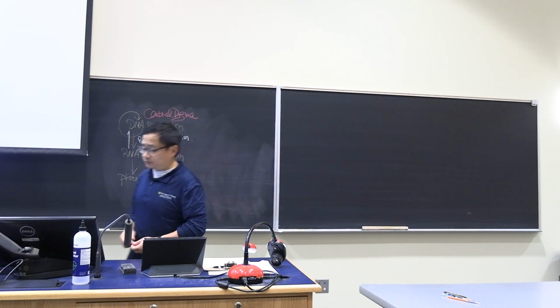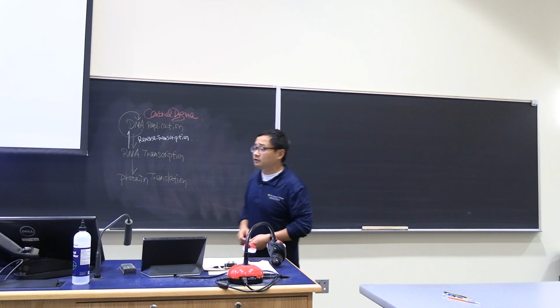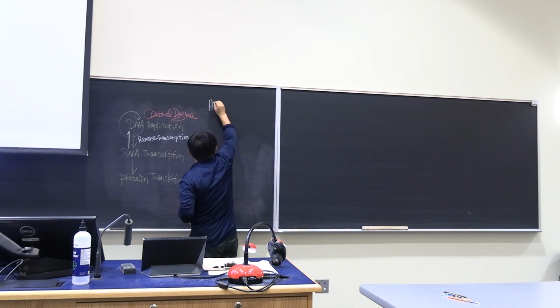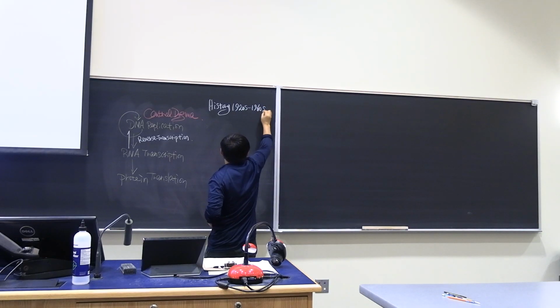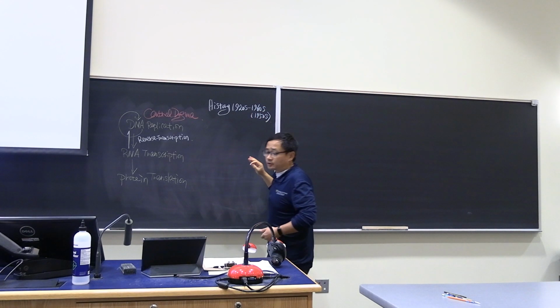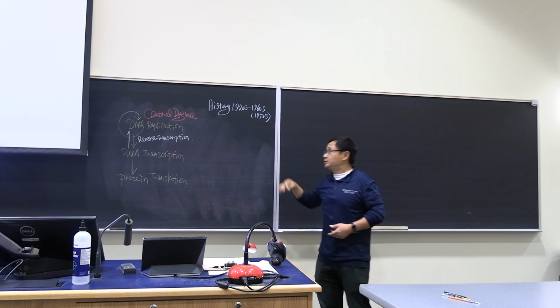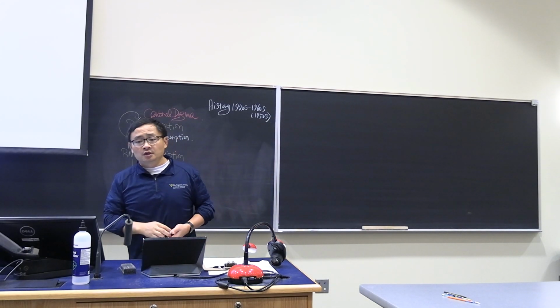So let's talk about the DNA first. Before talking about that, we want to go over the history. It is very important that we know the history. The development from the 1920s to the 1950s or 1960s in the history of molecular biology and microbiology, people started working on some very magic stuff.